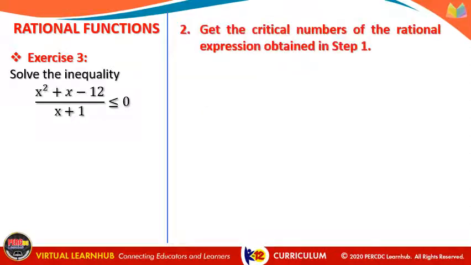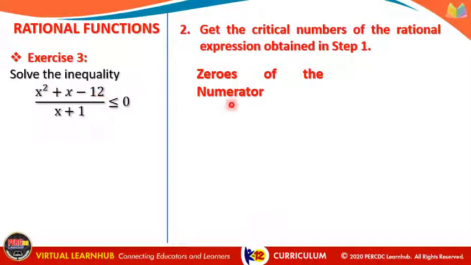Let us get the critical numbers of our rational expression. Kaya lang, take note na yung numerator ng ating left side ay isang quadratic expression. To make things easier, i-factor out natin yung x squared plus x minus 12 para mas madali. So para makuha natin yung zeros ng numerator, let's factor out x squared plus x minus 12.